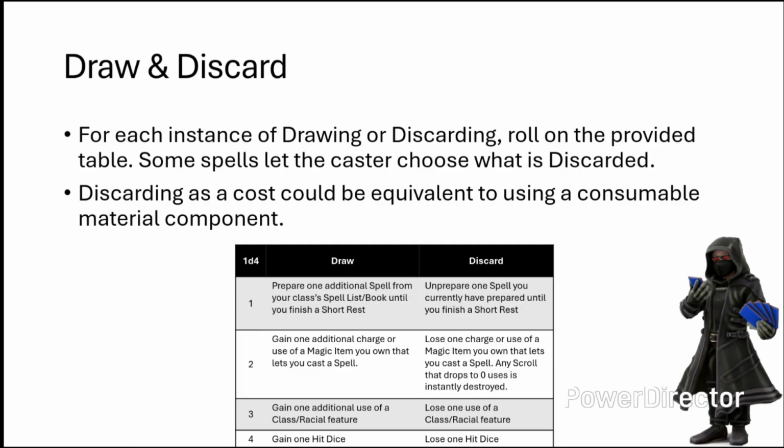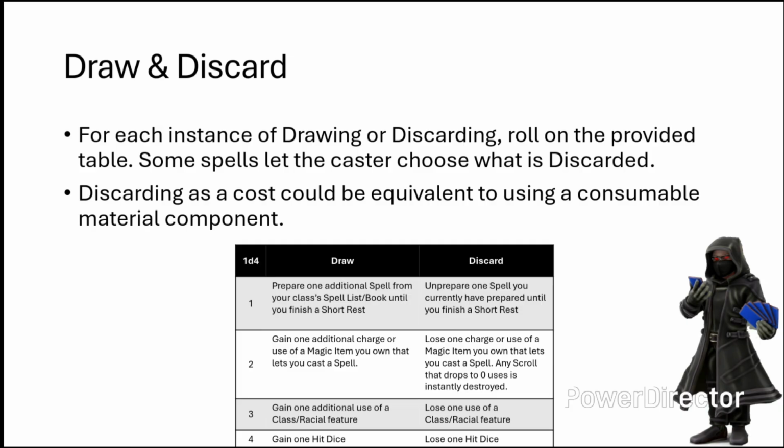Alternatively, there are cards that say that this discarding of a card is a cost. And for that, I would say that you would have a material component that is consumed by the spell instead.